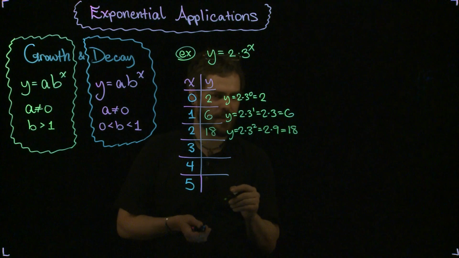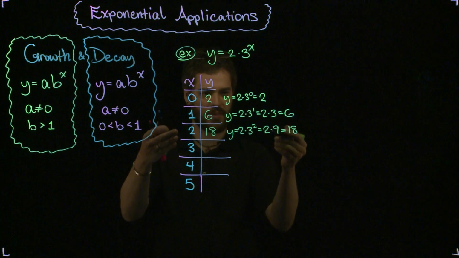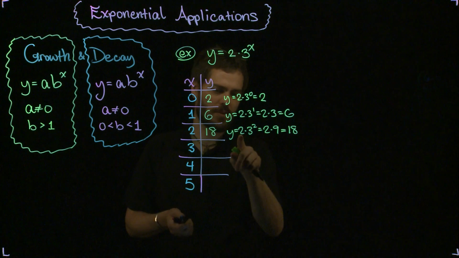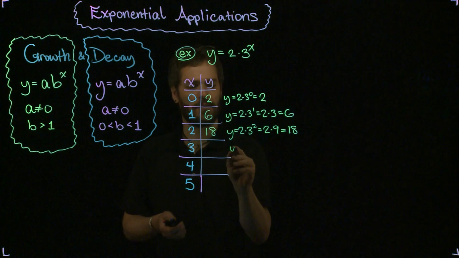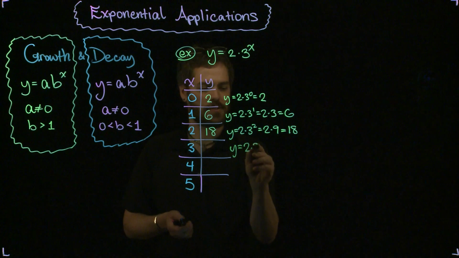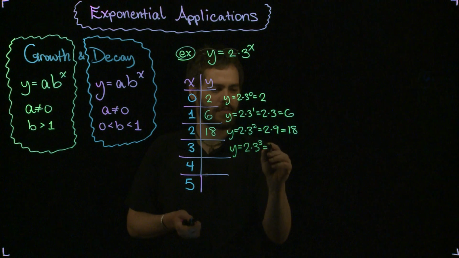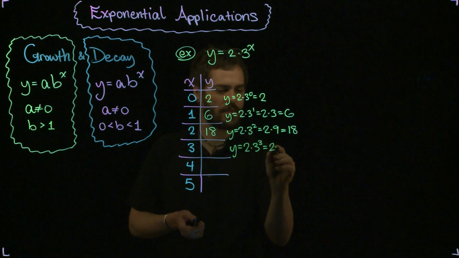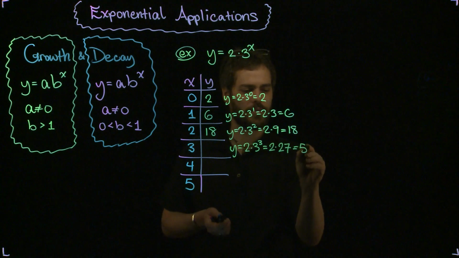Okay, and you'll notice that we have this constant multiplier of 3. Every time we're moving down, we have the 2 in the front, but what keeps getting multiplied by itself is this 3. Y equals 2 times 3 to the third power, which is 2 times 27, which is 54.